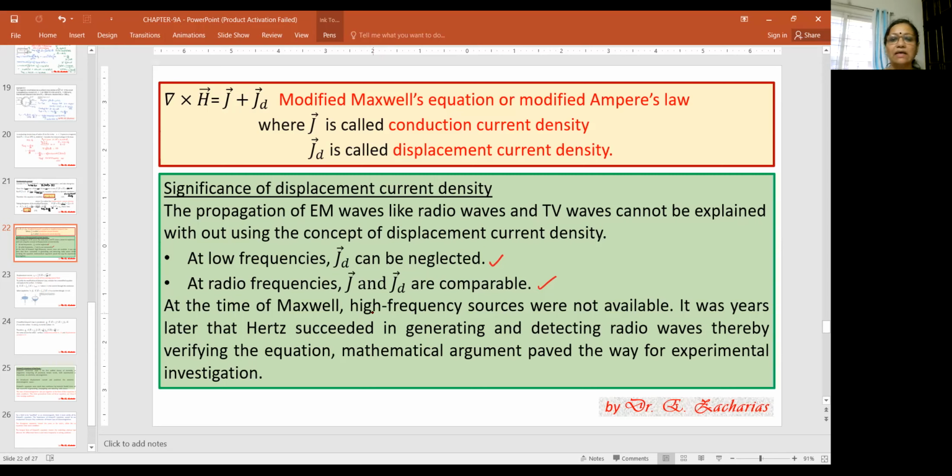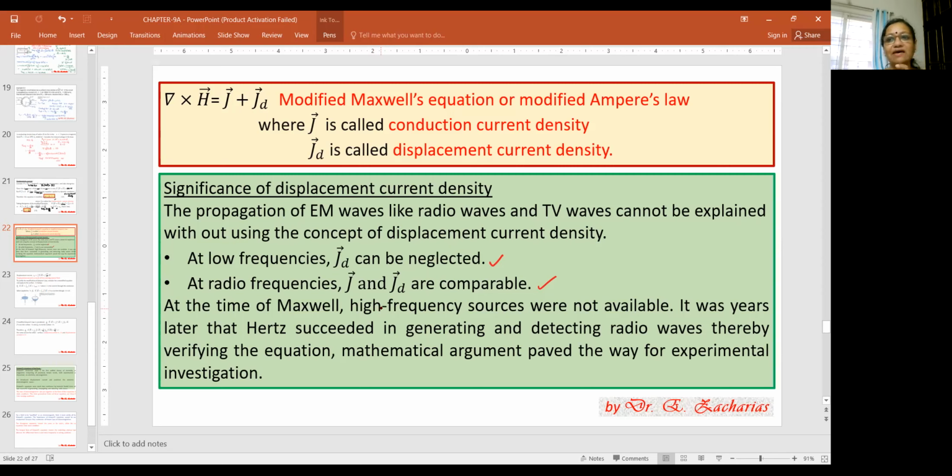At that time there was no experimental proof for this. He was able to explain propagation of electromagnetic waves using this concept of displacement current density. But at the time when he was doing this work, nobody had actually generated radio waves, or allowed them to propagate, or detected them.